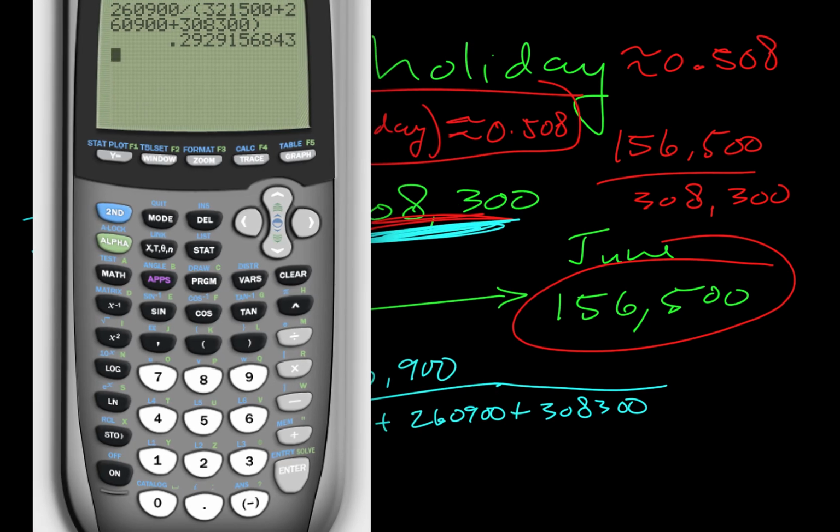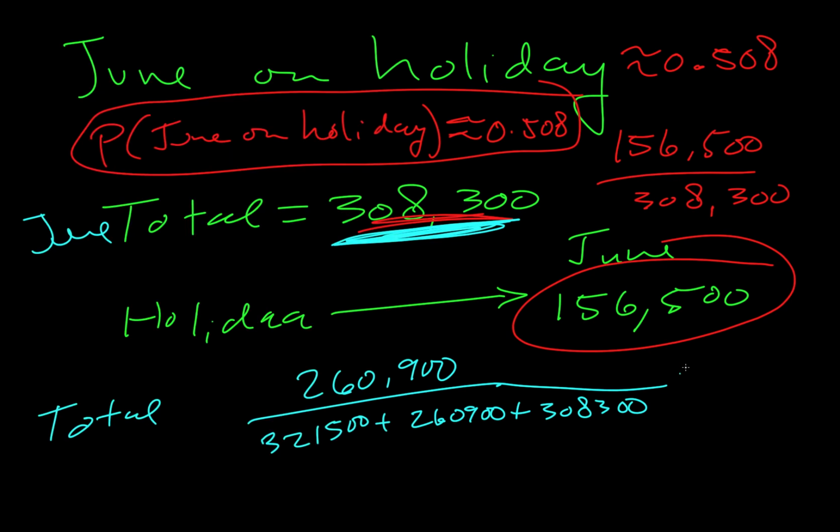Okay, and that ended up being 0.293. Once again, this would be probability of arrives in May.